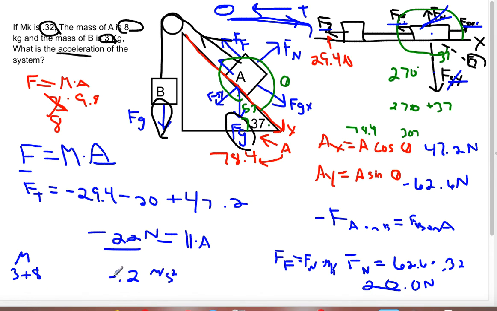And remember, the negative just told us direction, so this is actually just going to be a 0.2 meters per second squared acceleration left. And that would be my answer.